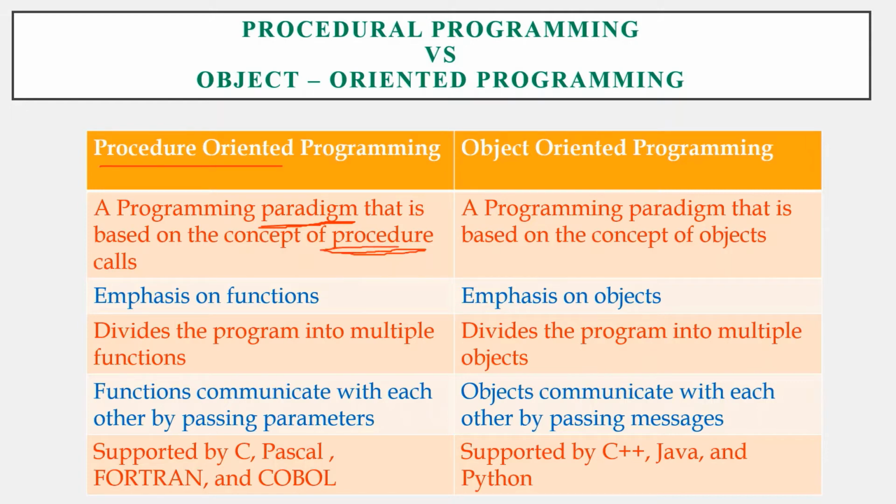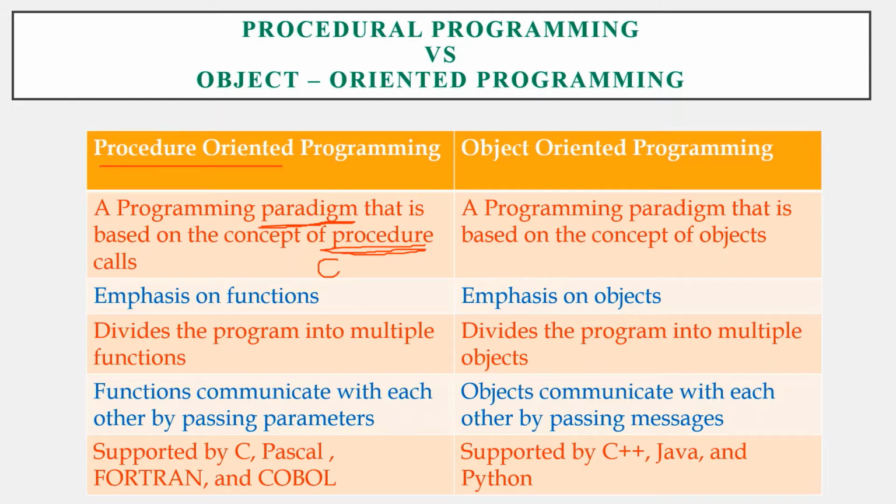You might have heard this word procedure, or in C language, there are certain things called functions. I think functions in C and C++. Functions and procedures, these two are very similar, but there are slight differences.